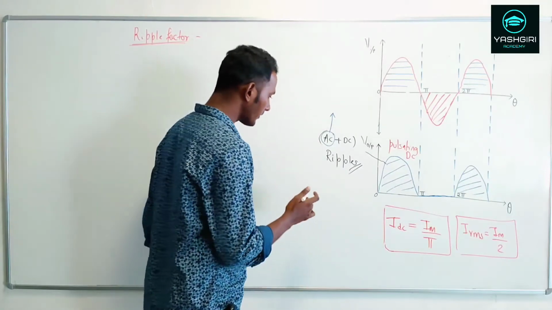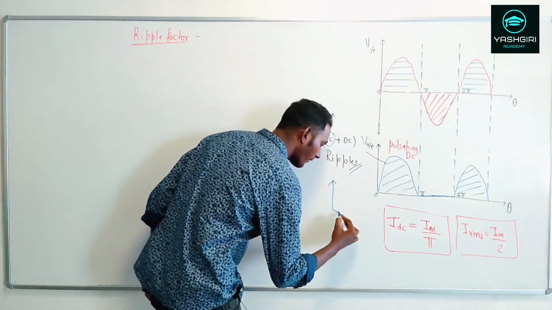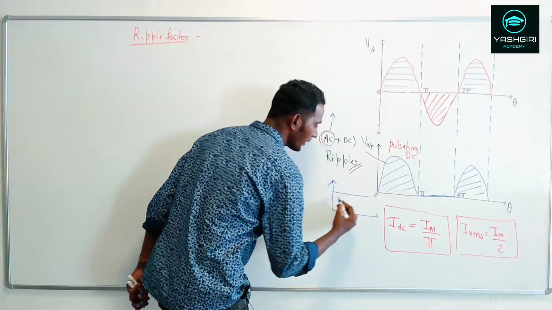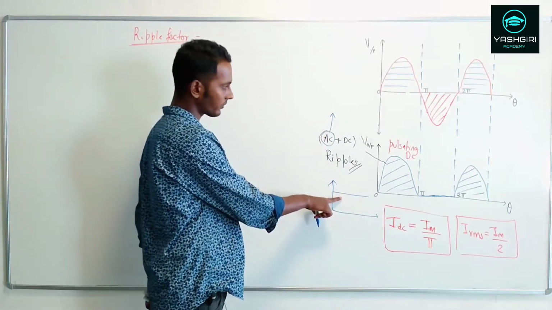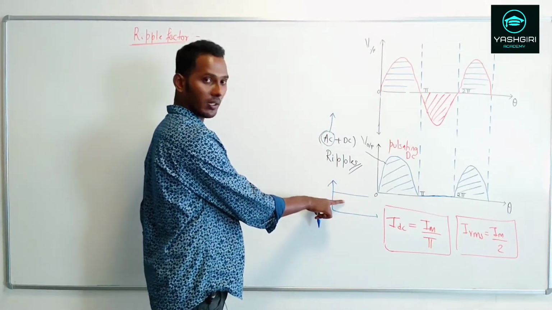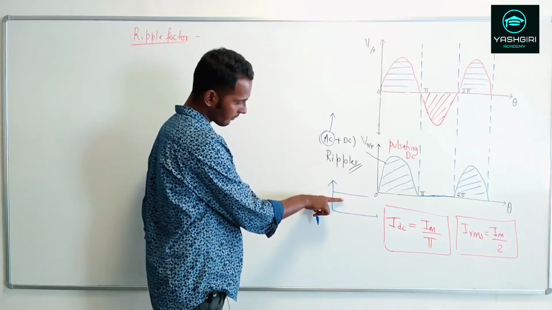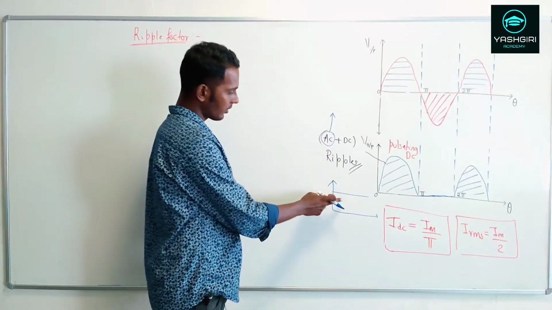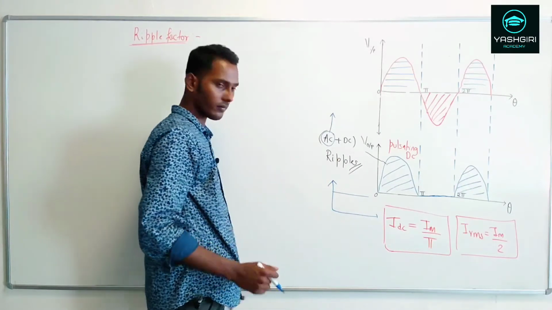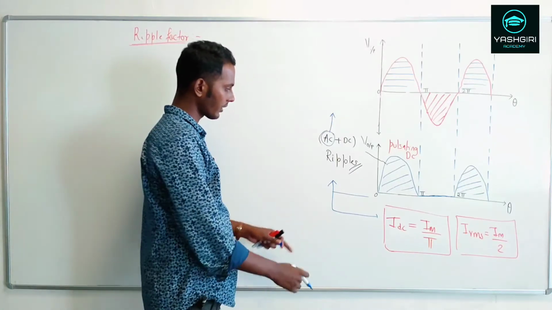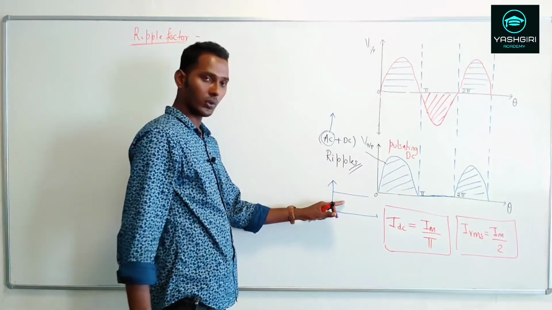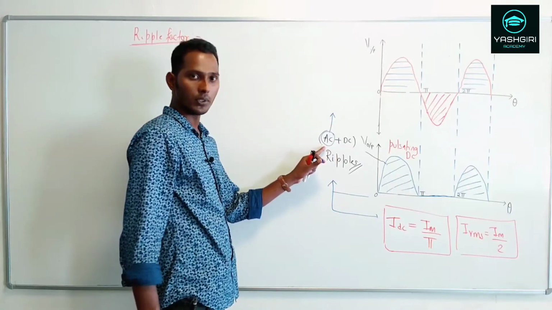Because we are interested in getting a flat, pure DC output, we can get this only if we reduce this AC component.